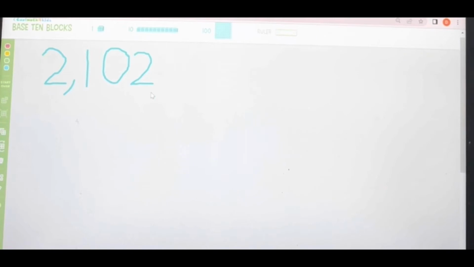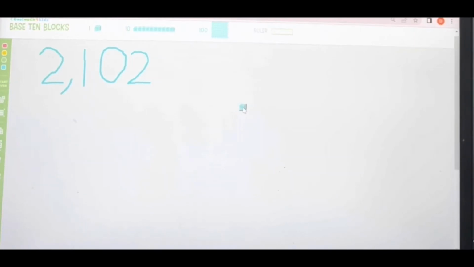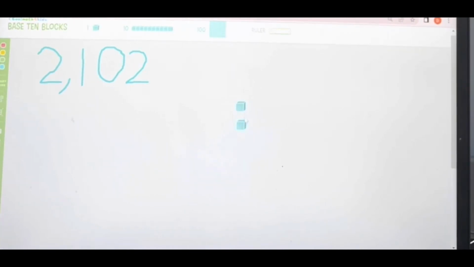So again, the number in the ones place is 2, so I'm going to take out 2 ones blocks. 1, 2. So we have 2 ones blocks, so the value in the ones place is 2.